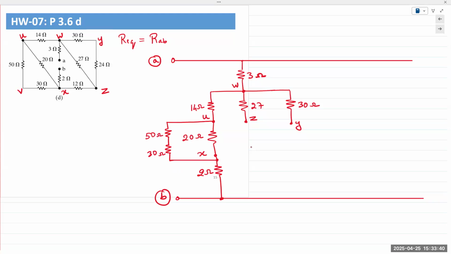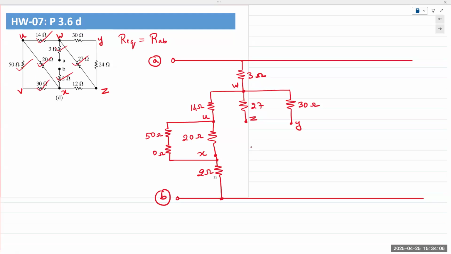Okay. 30. So that takes care of the left side of the circuit because we have 3 ohms, 14 ohms, 50, 20, 30, and 2 ohms. How many resistors have we not accounted for? This is done. This is done. Actually, this one 30 ohms, 3 and 2, right?